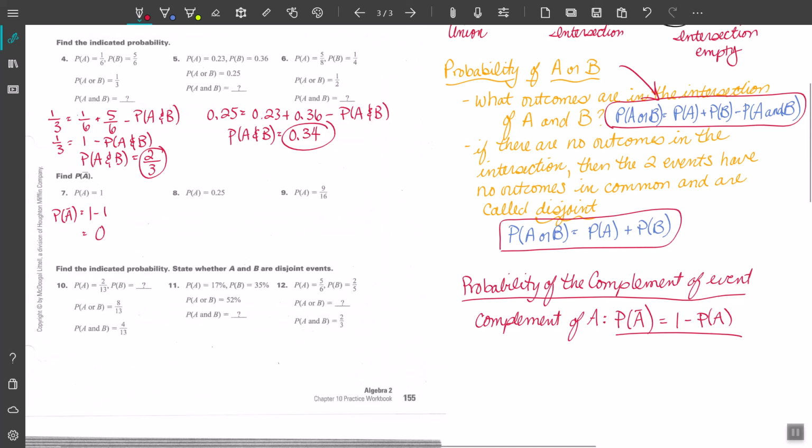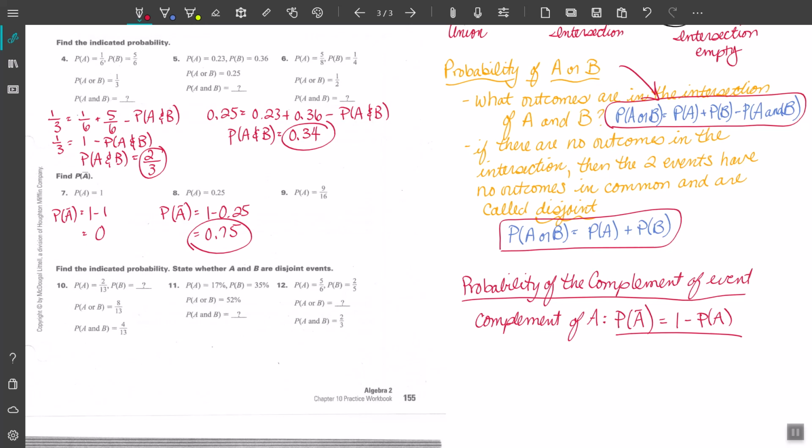You're going to get a probability of the complement happening of 0, which makes sense if you think about what the 1 actually means in probability. The probability of A is 0.25, so the probability of A bar, the outcomes not included in A, would be 1 minus 0.25, or 0.75.